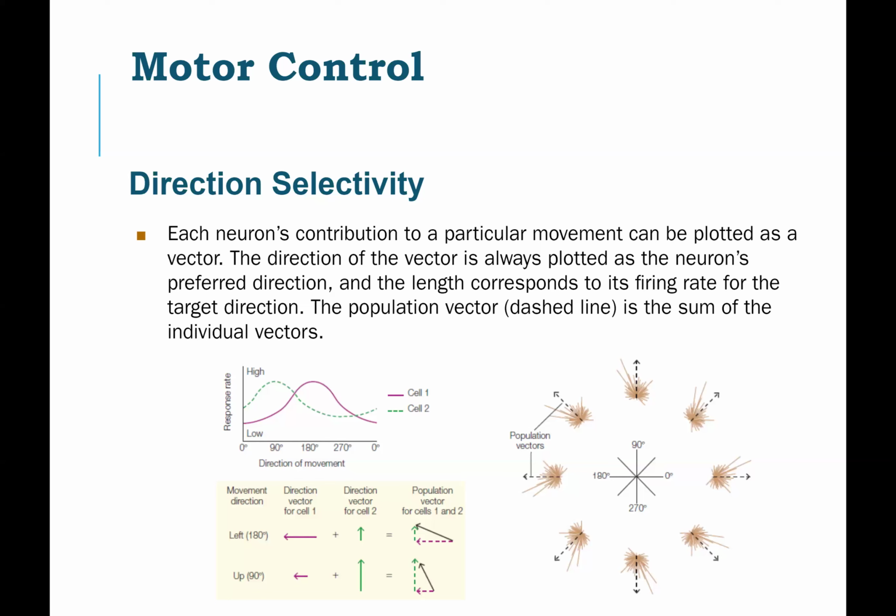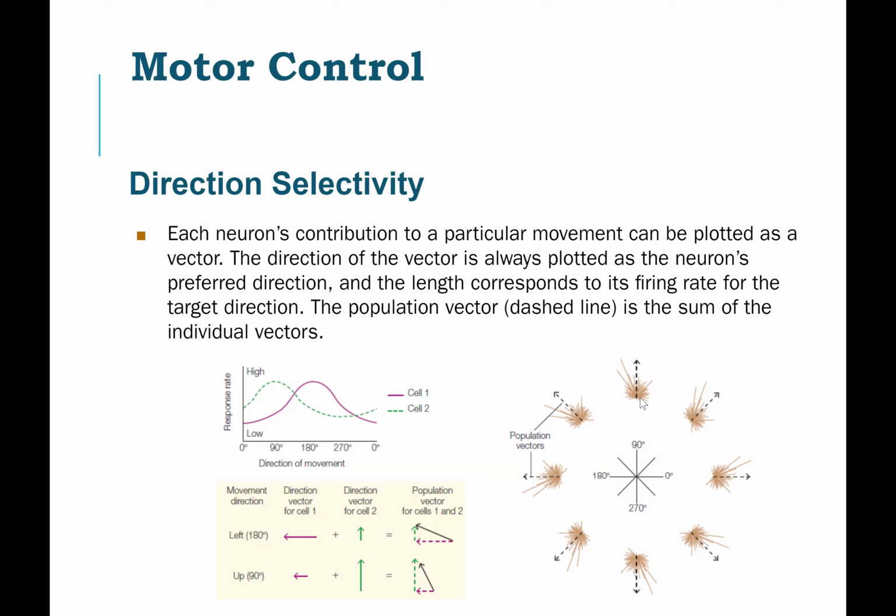Now, if I want to go in this direction, it would mean that the people who are on this side are pulling me stronger than people who are pulling me on that end. And these two directions are kind of canceling each other out. So this is a form of population coding for movement. It really depends on the population, how active they are.